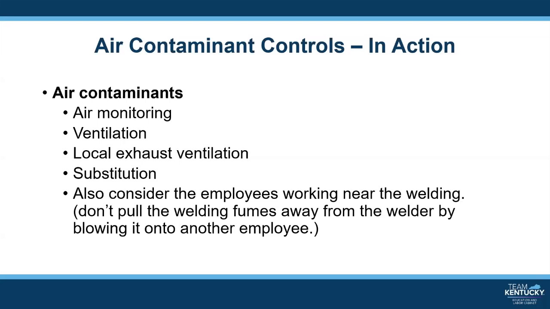Vent to the outside away from coworkers. The SDS datasheet for each metal and solvent might provide guidance for control methods to reduce exposure. Some could even be for outdoor use only.